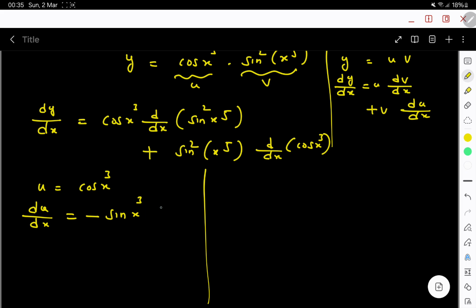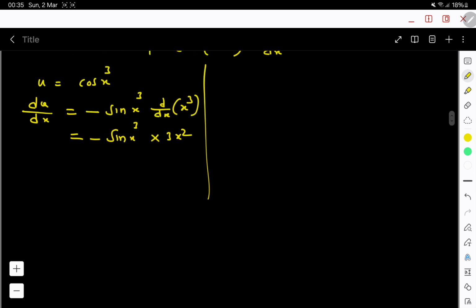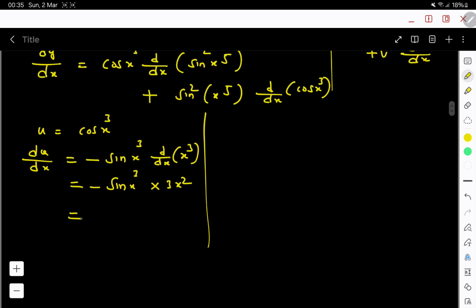Okay, d by dx of x cube, that is 3x square. So we get the answer as minus 3x square sin x cube.